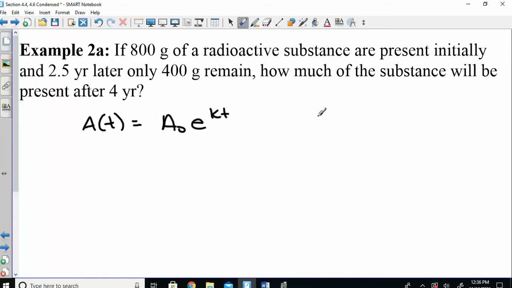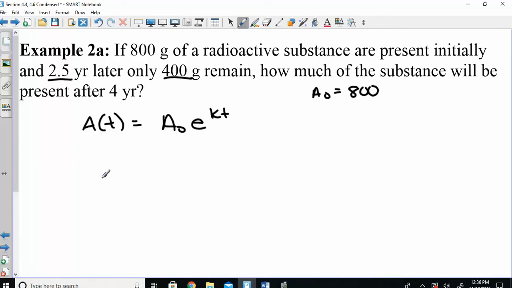Okay, A sub 0 is our beginning amount. Do I know my A sub 0 here? Okay. K is a constant. Did I tell you what that constant was? No, but I gave you the information to find it. I know that after 2.5 years, I have 400 grams remaining.